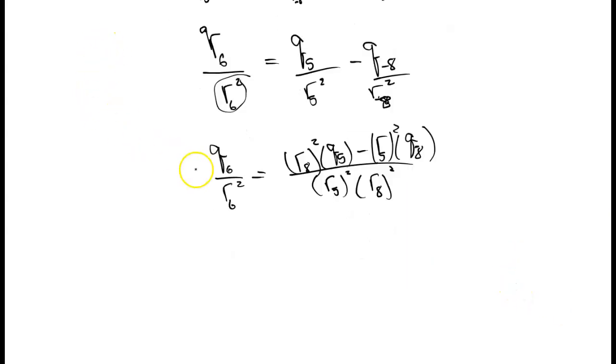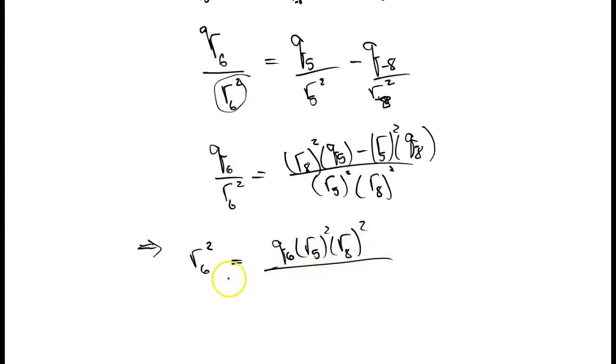which means if I reciprocate both sides, R sub 6 squared equals Q sub 6 times R sub 5 squared times R sub 8 squared over R sub 8 squared Q sub 5 minus R sub 5 squared times Q minus 8.